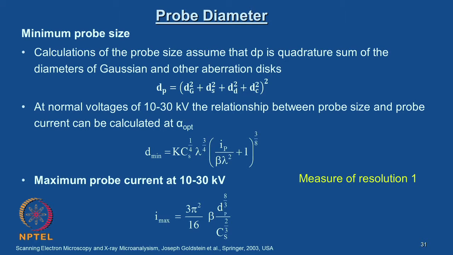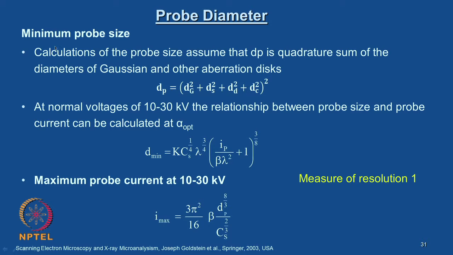You are going to have the effect of each aberration which we talked about in an electron optical system, and then we can see how this Gaussian probe diameter is modified because of these aberrations. That is what we are looking at finally, a real probe diameter.